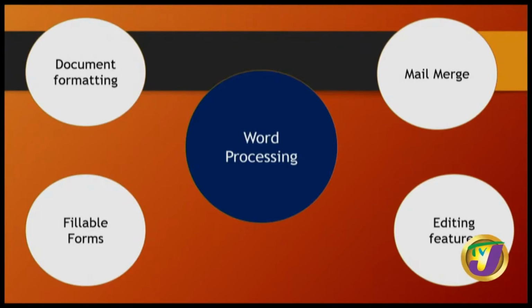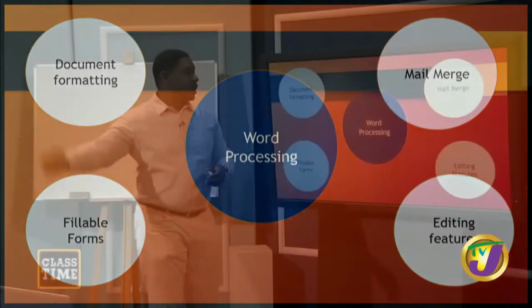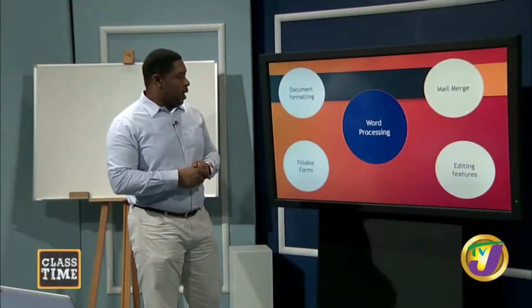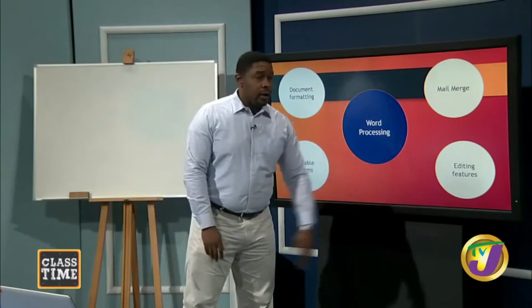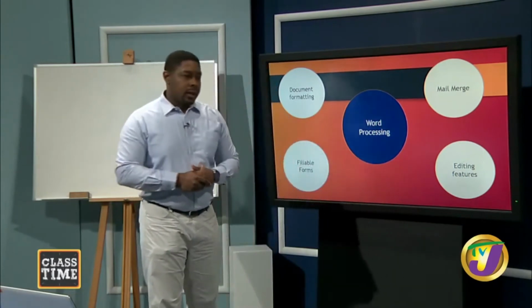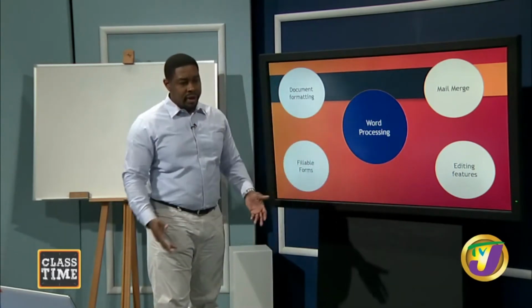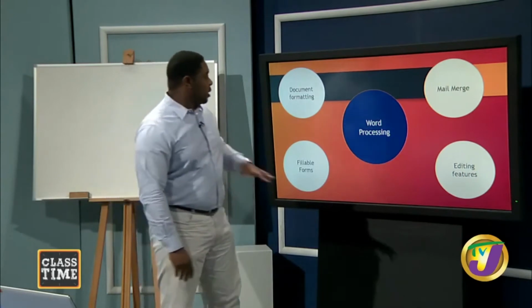But we'll look at that in more detail as the weeks progress. Mail merge is simply creating one template document that you might want to send to several different persons, and editing features like reviewing, like cut and paste, find and replace, and all that.